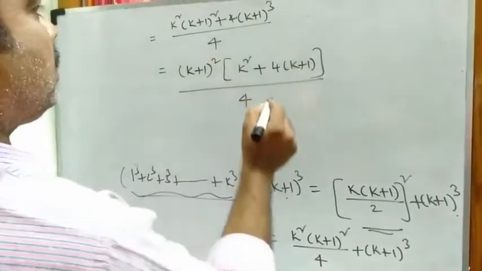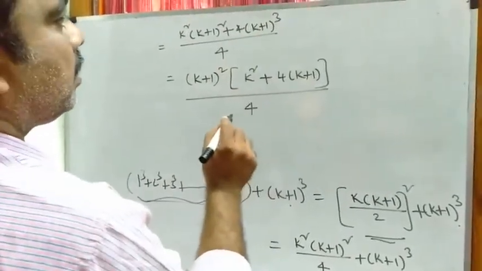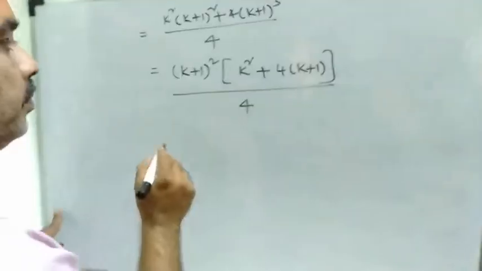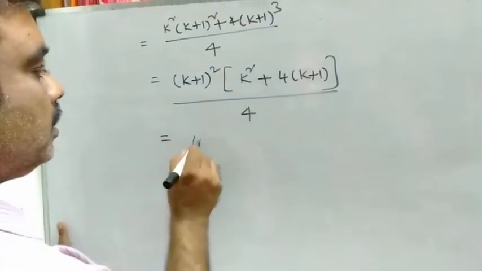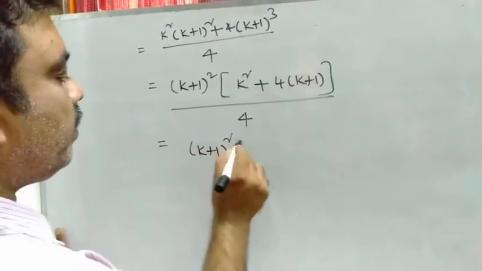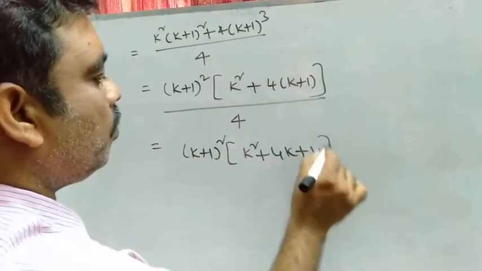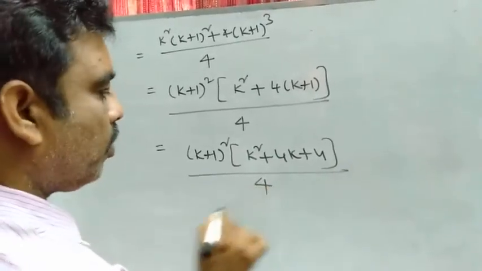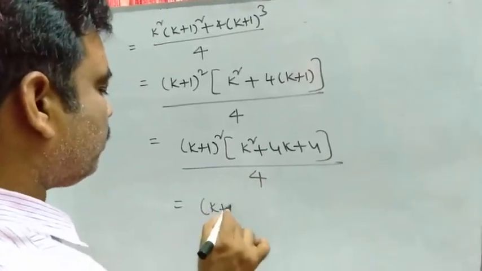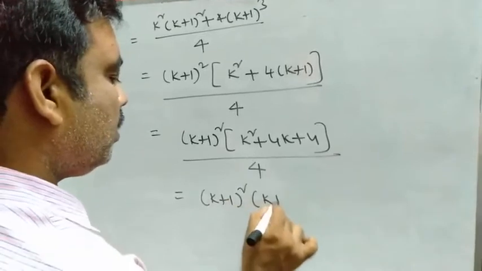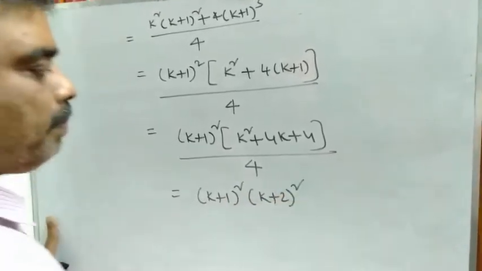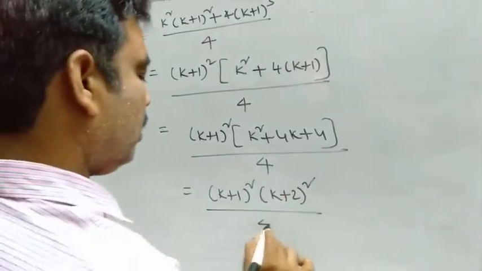So it is equal to (k plus 1) whole square, (k square plus 4k plus 4) by 4, that is (k plus 1) whole square, and in the bracket this is (k plus 2) whole square by 4.